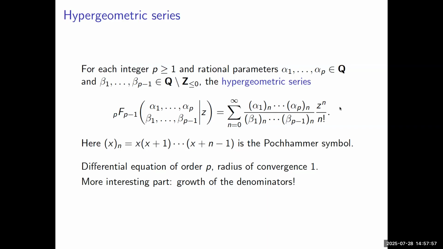So the Pochhammer symbol is a generalization of the factorial. If you do Pochhammer of 1, then you will find n factorial. And in general, you do x plus 1, and so on. And you see that here there is an n factorial. So you should secretly think that there are as many alphas as betas, and the last one is equal to 1. Okay, but somehow this is the classical notation.